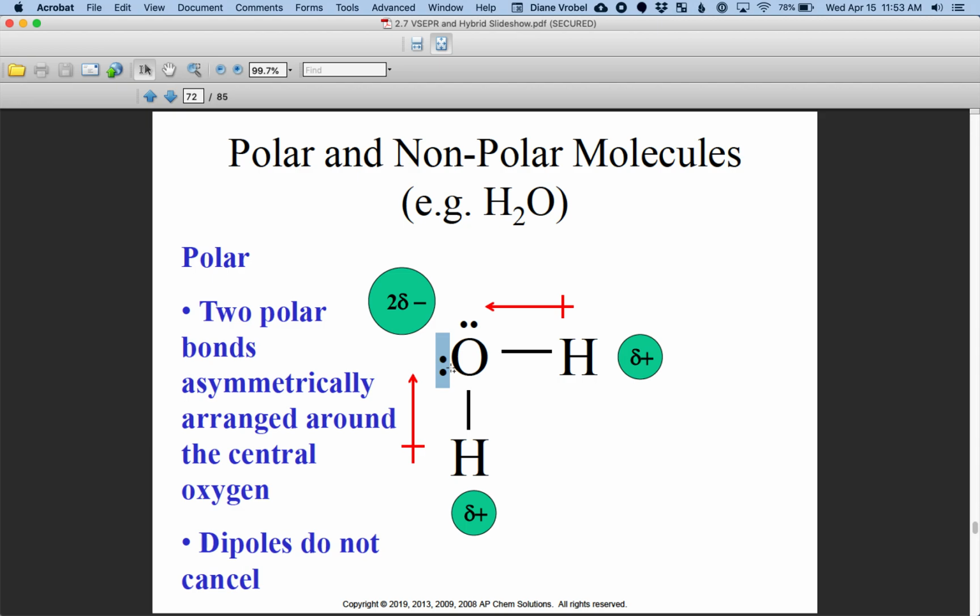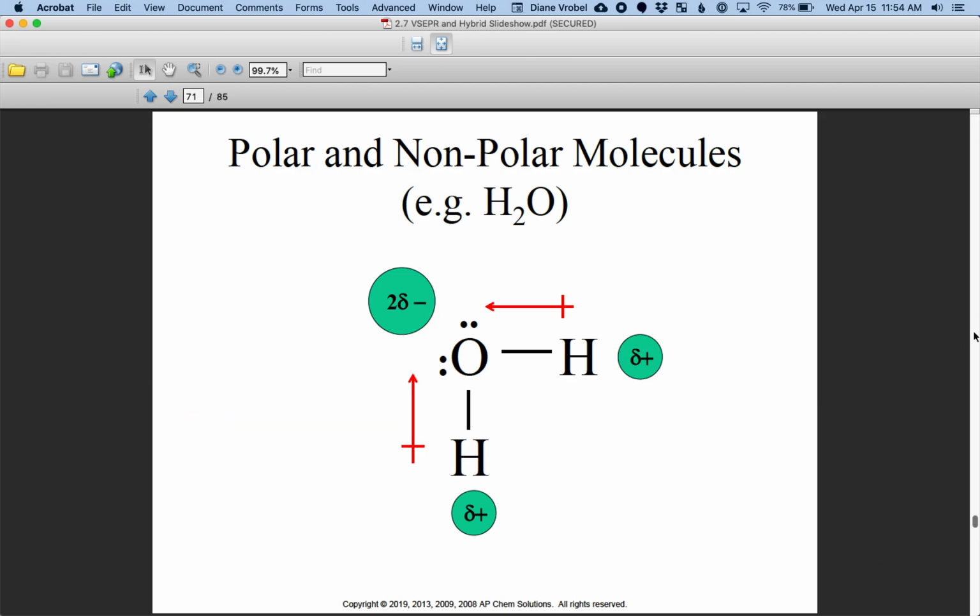It's not a for sure, but it tells the reader, or the visual recipient, that there most likely is a polarity with this molecule. You still have to check and see whether or not there's a dipole. So notice that because the dipoles are in the direction of oxygen, there's a reinforcement and an overall polarity of the molecule. So we do not get a cancellation like we did with the previous one.